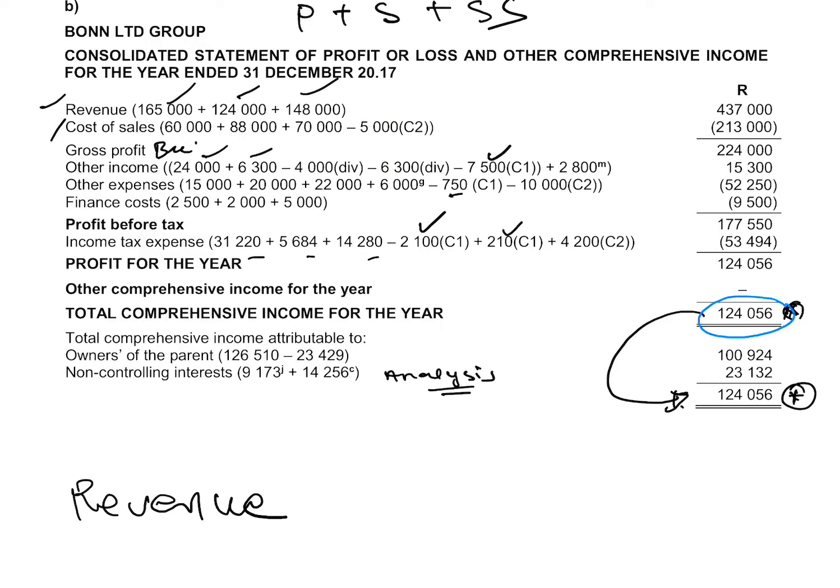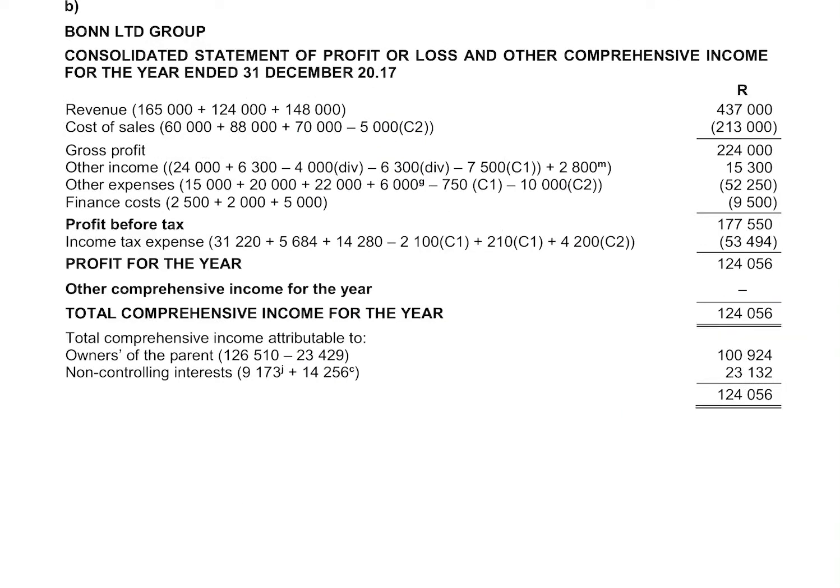Let me remove all these things. The profit is 124,056. And out of this 124,056, 23,132 belongs to non-controlling interest. How did we get the 23,132? So the 23,132 belongs to the non-controlling interest.